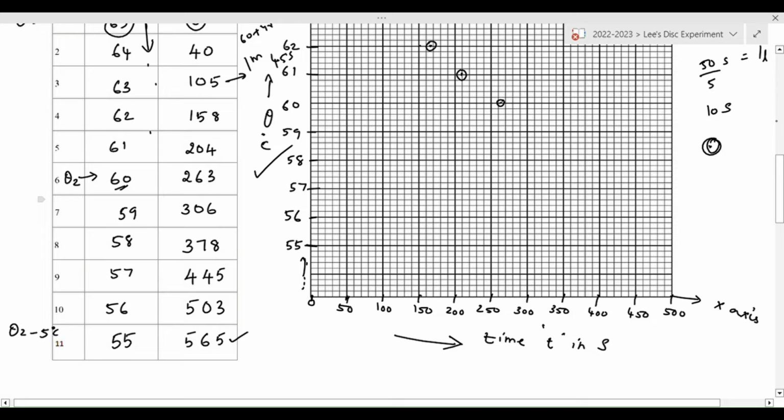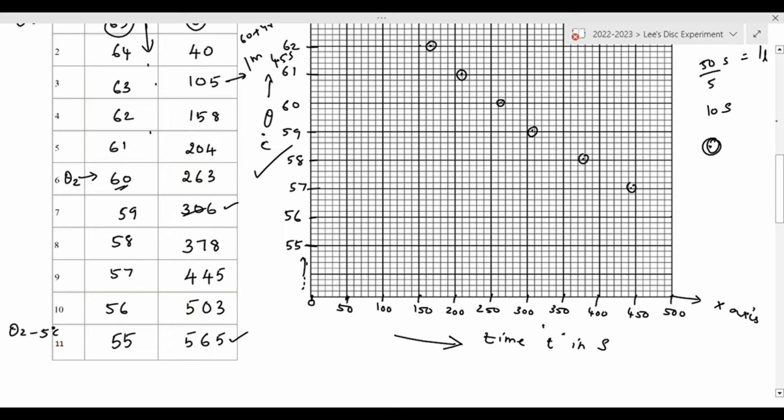And then 59 is 306. 58, 378. This is 350, 360, 370, 378. 57, 445. And then 56, 503.